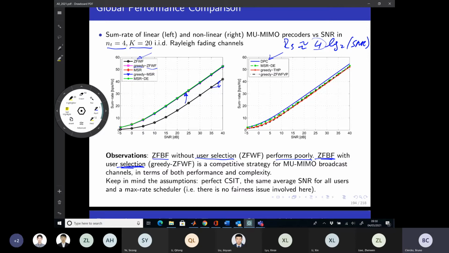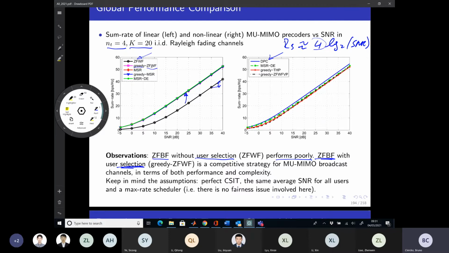Right. So if you go on the right side here, this is dirty paper coding. You see that dirty paper coding gives you the best performance, and you have nonlinear precoding strategies here that achieve very close to it. One of them, this green one, we will not go into all those details, but the green one comes quite close to it, and it is the same as you have here, which is quite close to what you obtain with just doing greedy zero forcing beamforming.